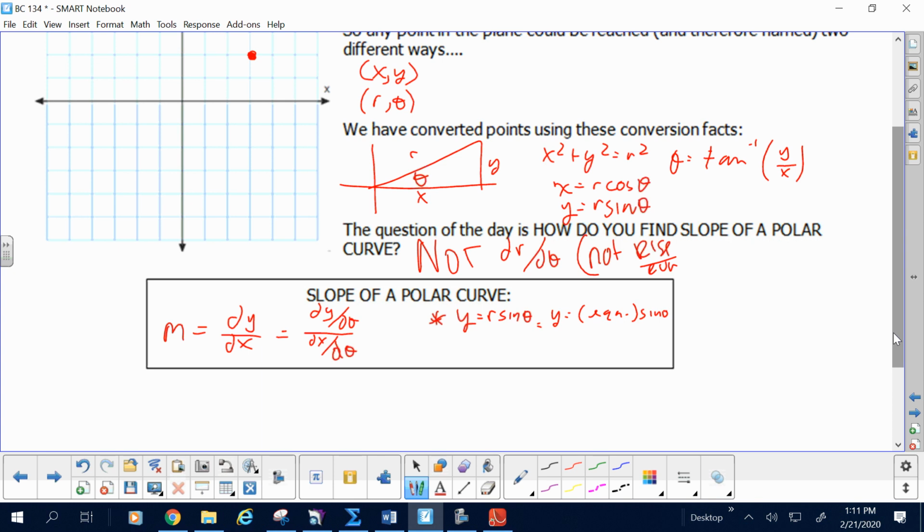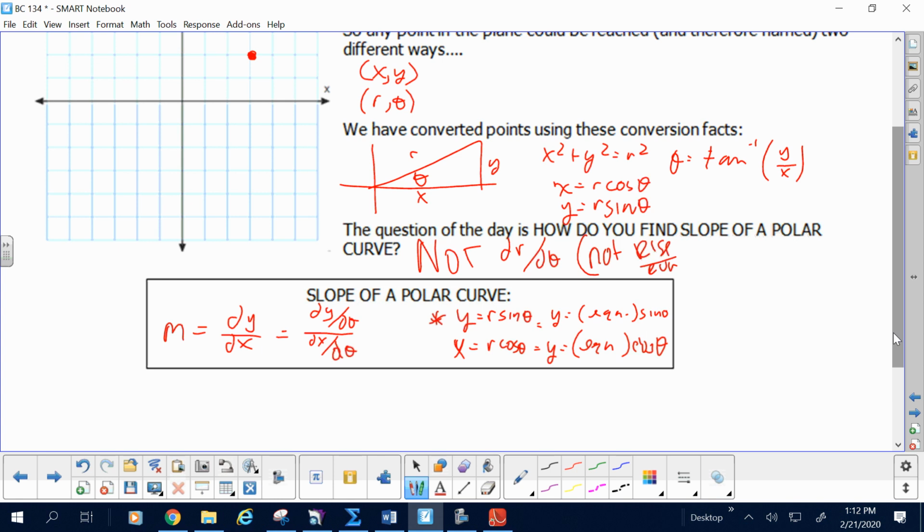For that problem, they will say r equals 2 plus sine theta, and so you'll put the equation they give you in for r, and then it's just the equation times the sine theta output. You follow? And likewise, if x is r cosine theta, then you would take that and say that's the equation times cosine theta, and then you take the derivatives.